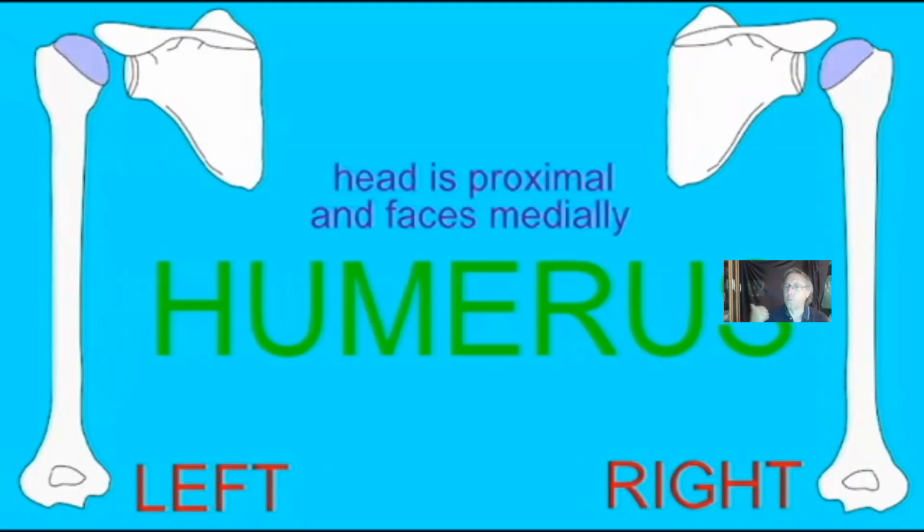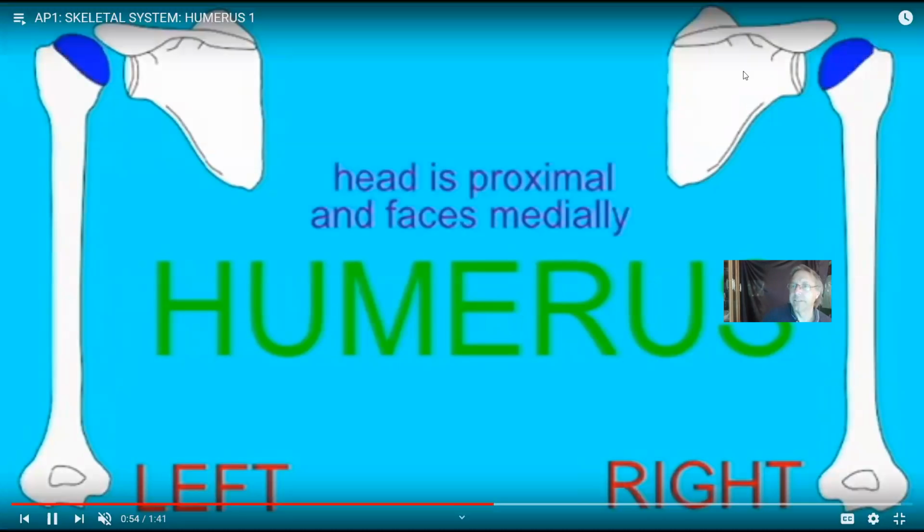The ball wouldn't face this way because I don't have a scapula out here. My scapula is here, so that round head must face proximally and medially so that it can articulate with the glenoid cavity of the scapula. Now my only remaining problem is to distinguish which is front and which is back, which is anterior versus posterior.